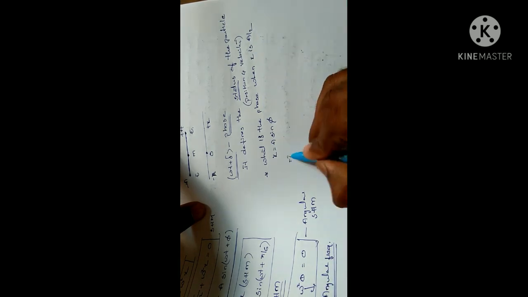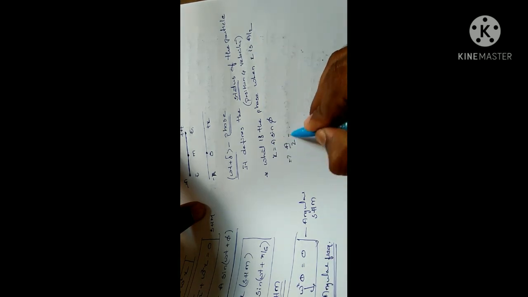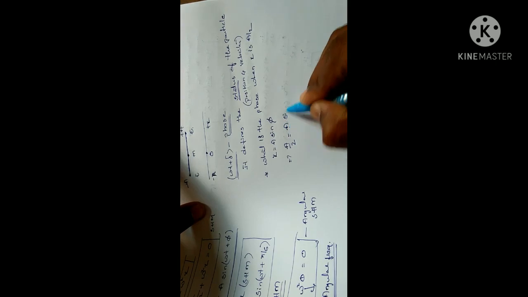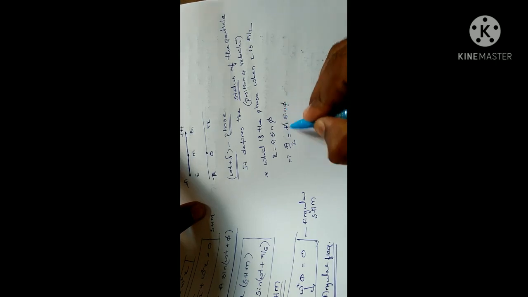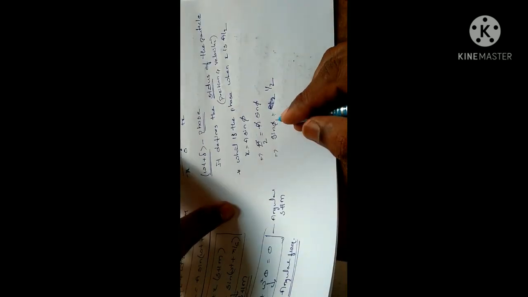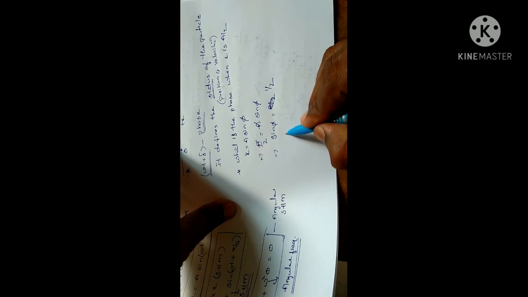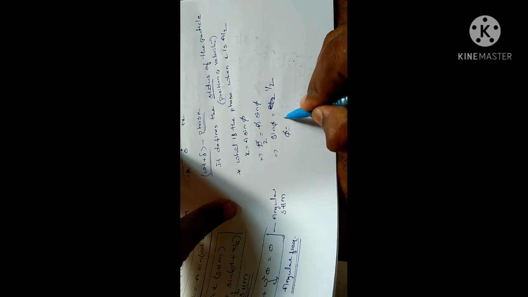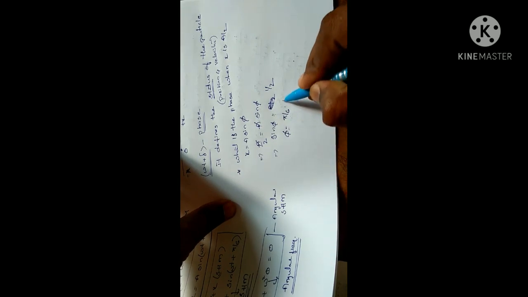I can substitute x as A by 2. A will be cancelled. I will be getting sine phi is equal to 1 by 2. So what are the possible values for phi here? Phi will be equal to either pi by 6, and the next one will be 5 pi by 6.